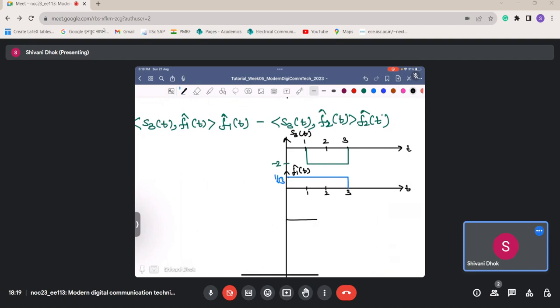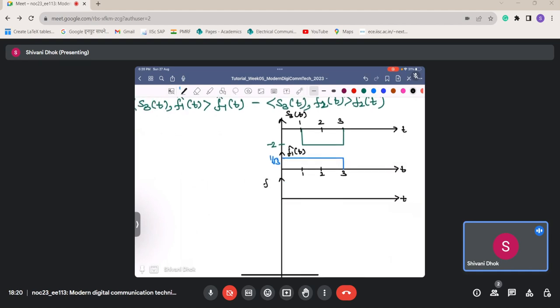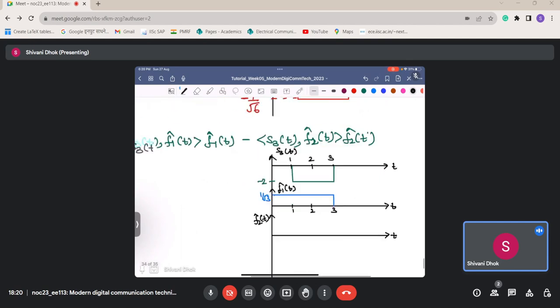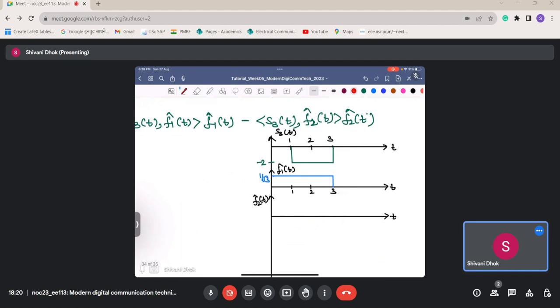Similarly, let us draw f2 hat of t, and f2 hat of t is something like this. So it is under root 2 by 3 here, and minus 1 by root 6 here.